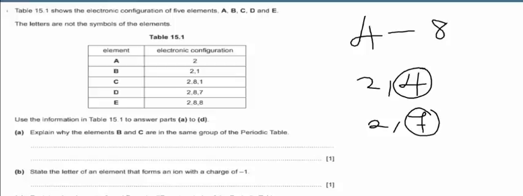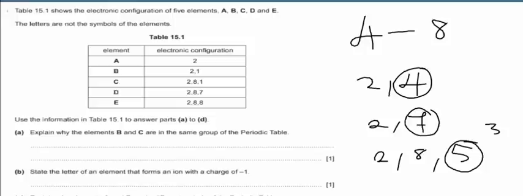Now, when nonmetals gain electrons, they become an ion by forming a negative charge. So, if we have something like 2, 8, 5, how many electrons are remaining for this element to become stable? This element needs 3 electrons for it to become stable, because when you add 3 plus 5, you are going to get 8.